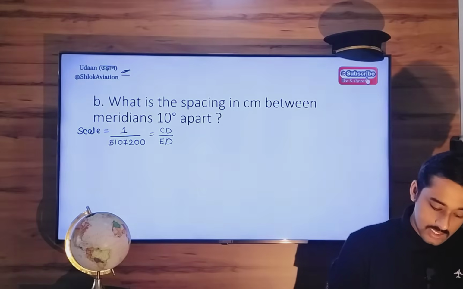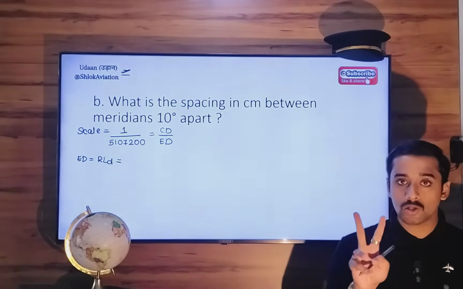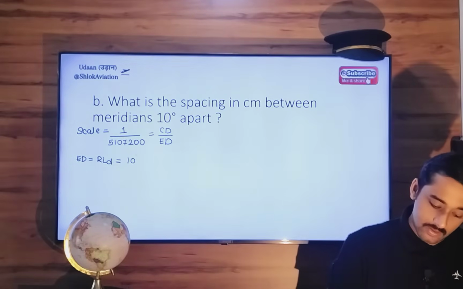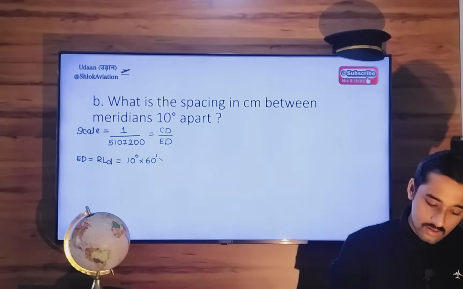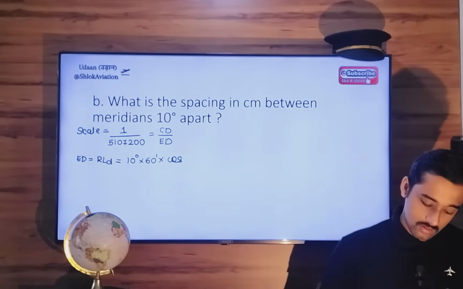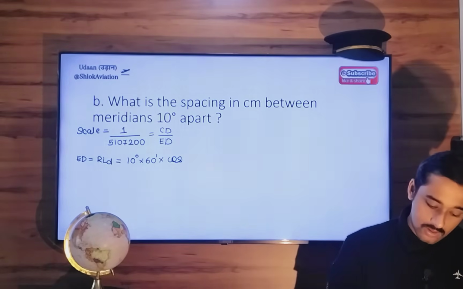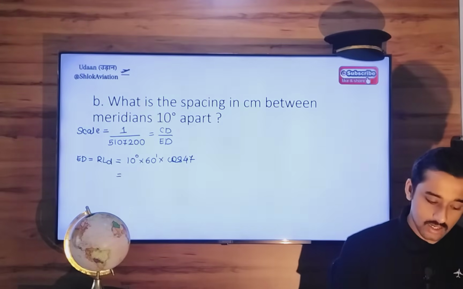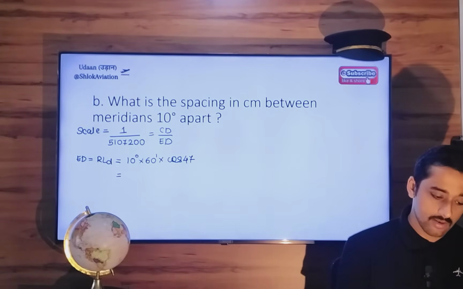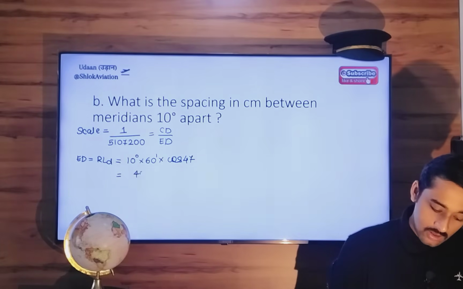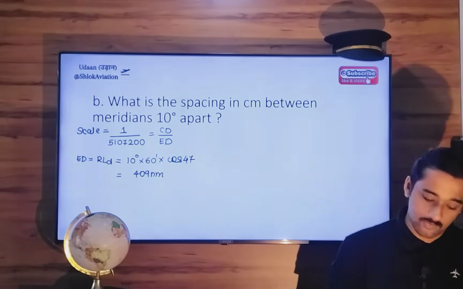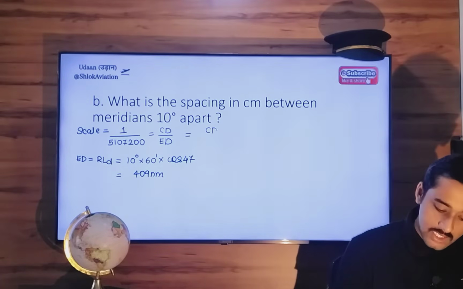Earth distance is nothing but your departure distance, because two longitudes which are 10 degree apart. Latitude is 47 north, so use that same latitude. So 600 cos 47 into 600 is 409 nautical miles. Right? Substitute here. Chart distance divided by 409 nautical miles.